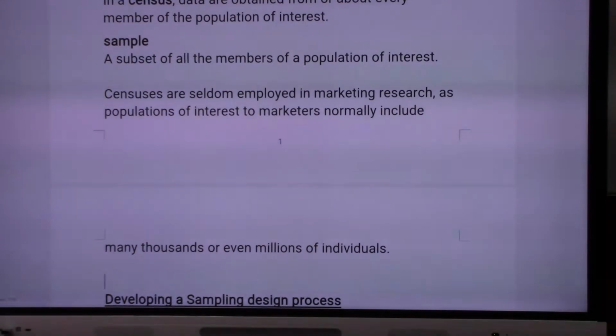Generally, a census is rarely employed in marketing research, as populations of interest to marketers normally include many thousands or even millions of individuals, so it will cost much money and much time to collect data from the whole population.